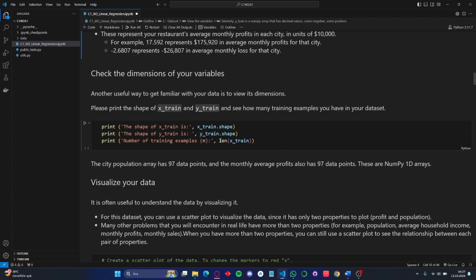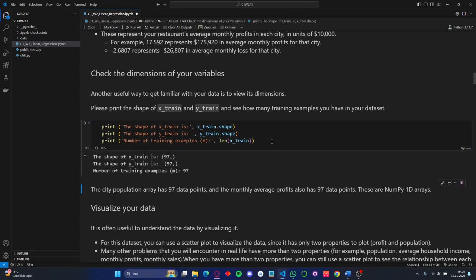Now here we will look at the shape of X train and Y train and the number of training examples. This means how many data points we have. The X train shape is like this. It means one dimensional, and we have 97 data points.